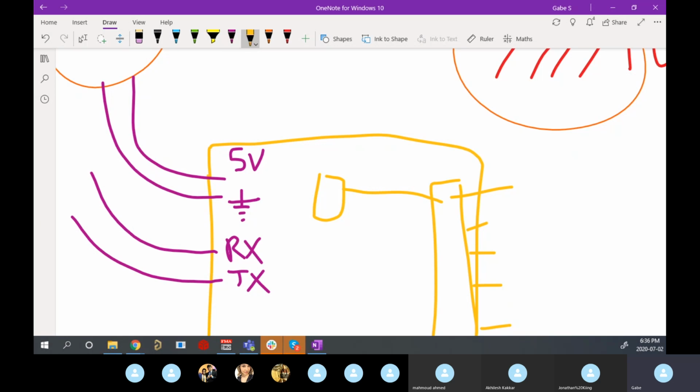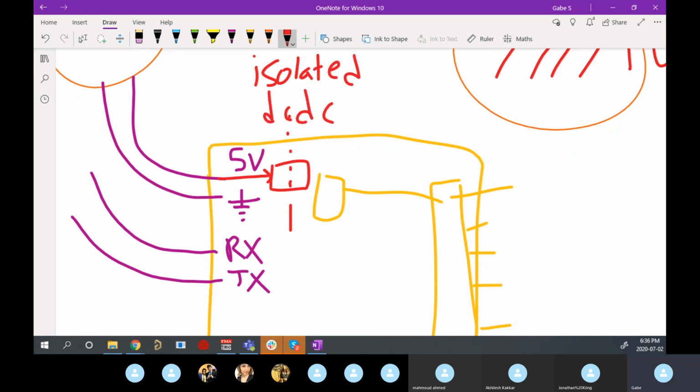And so what he did is he put a little chip here. 5 volts comes in. Isolated chip. It's an isolated DC-DC converter, and 5 volts comes out with its own separate ground reference.